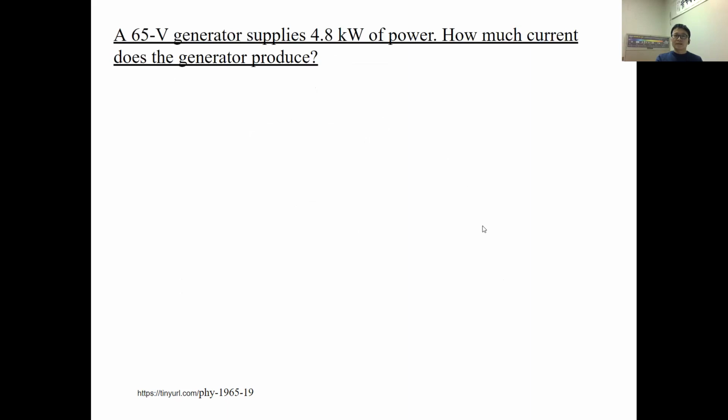Okay, let's take a look at this one. It says a 65 volt generator supplies 4.8 kilowatts of power. How much current does the generator produce? This is a pretty simple one.